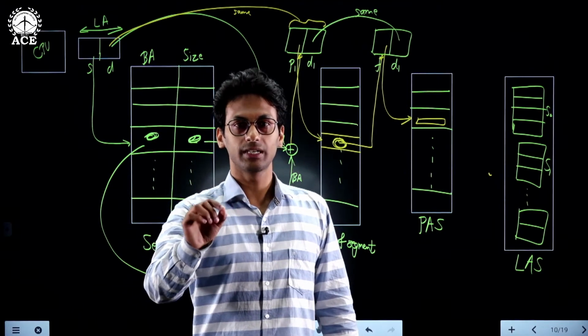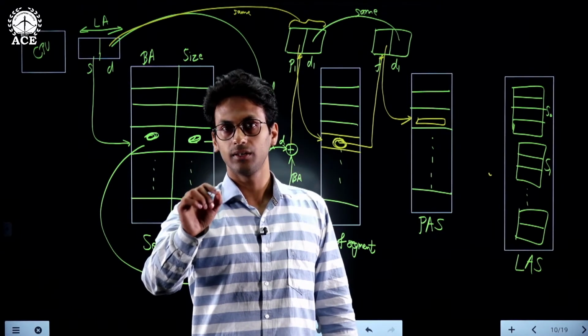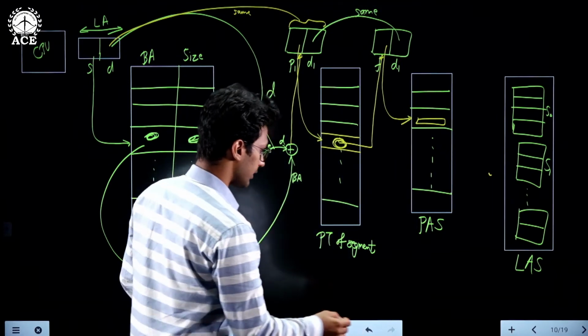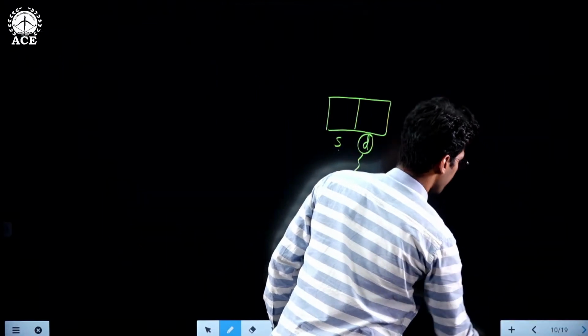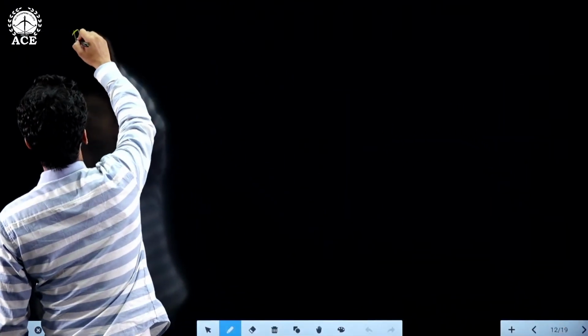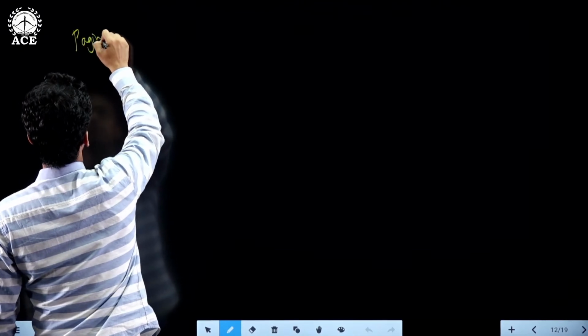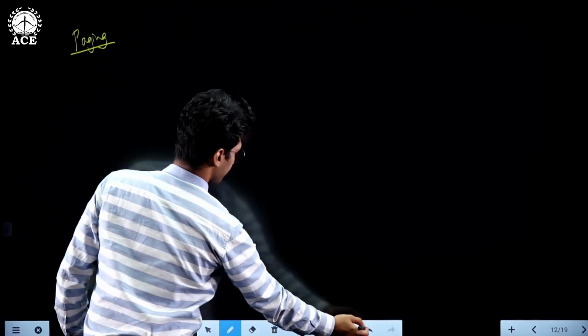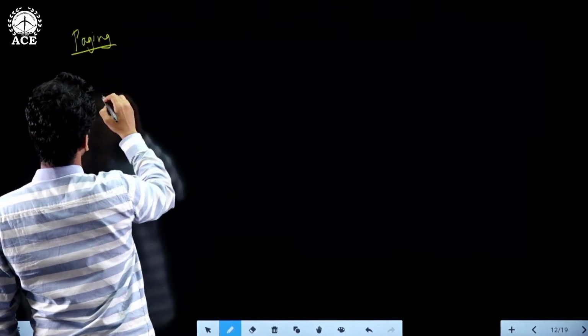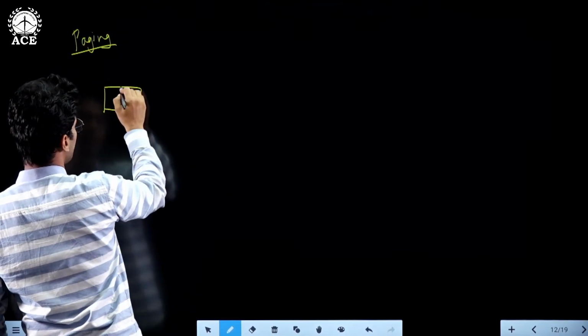So, I will give you a quick glimpse of what we have done from paging to segmented paging. Just have a look at it. See, paging. In this paging, there was logical address.